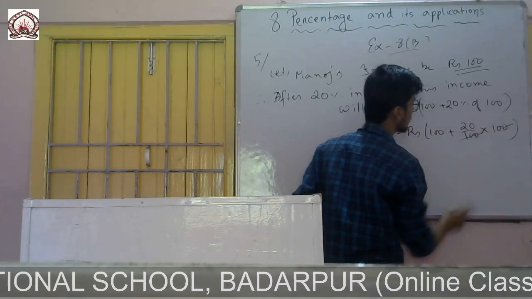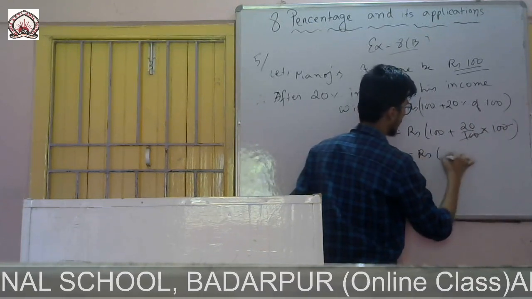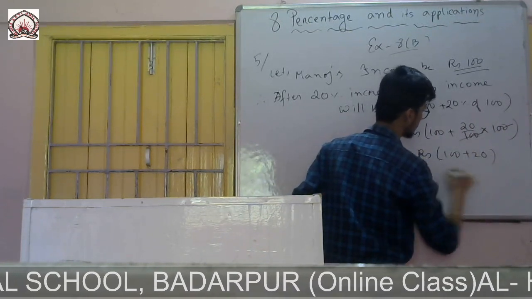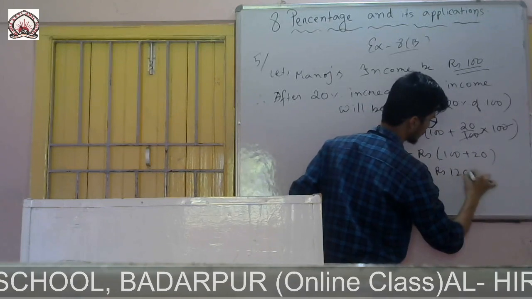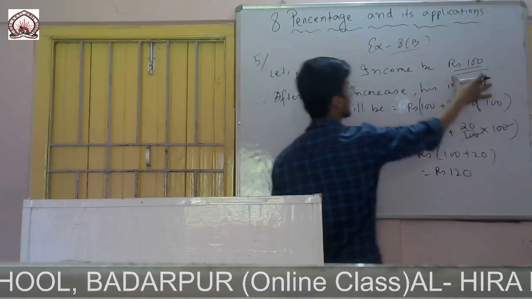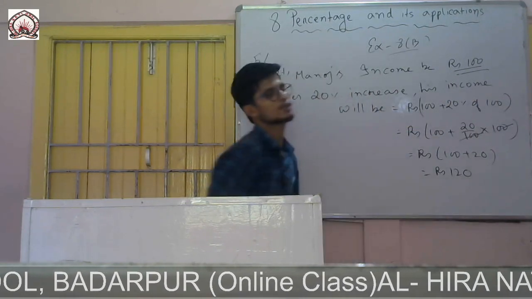If I cancel the 100, that means rupees 100 plus 20, which equals rupees 120. So first it was 100, then it became 120.